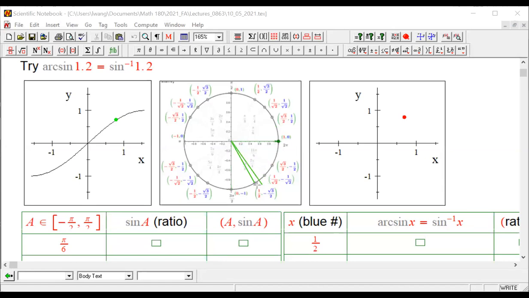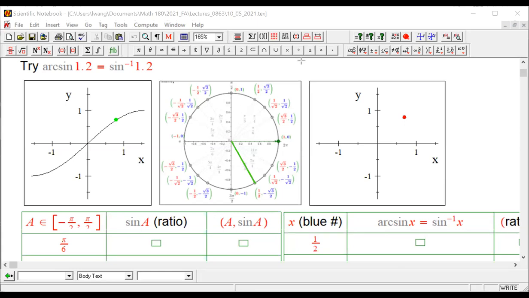Okay, so before you put down negative pi over 3, you know your answer is between negative pi over 2 and pi over 2, which means your answer is always just in this range. You cannot go beyond. Then you measure that angle, that's negative pi over 3. Could I measure this way?